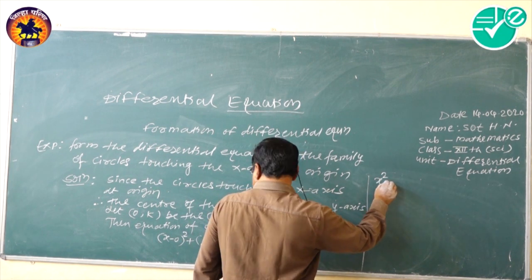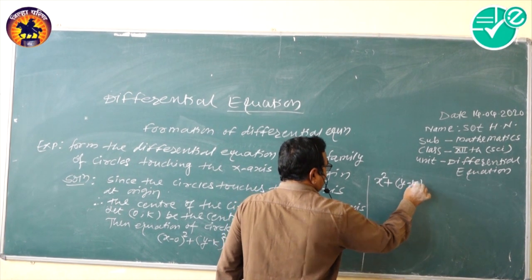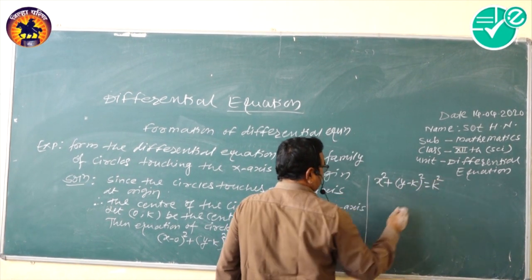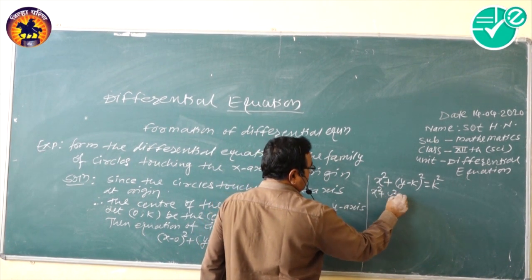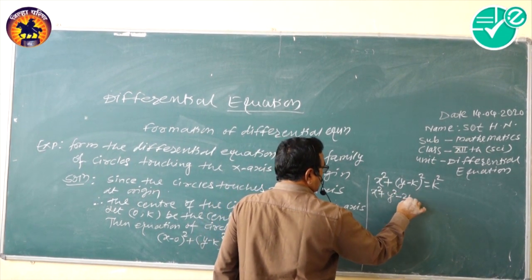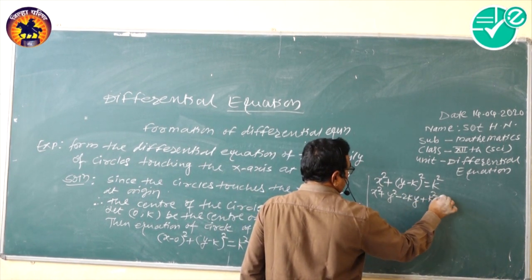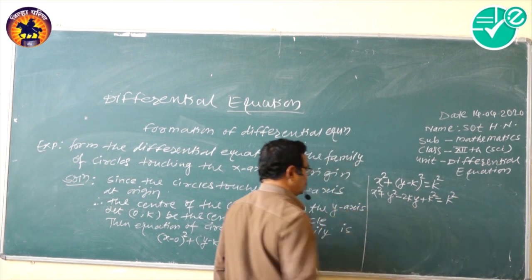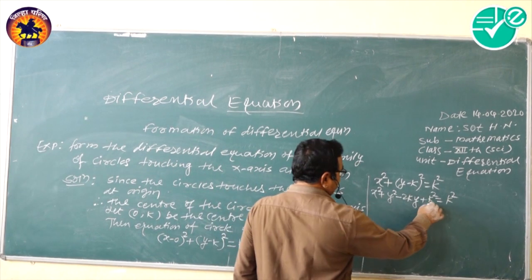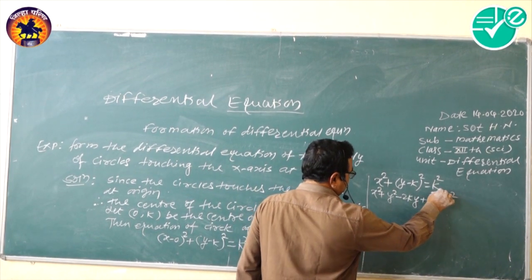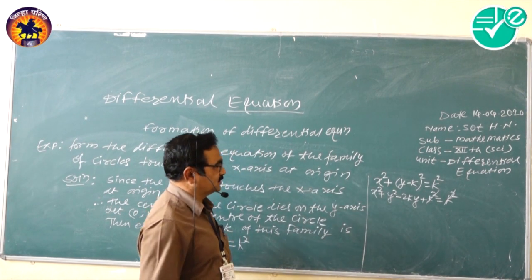After that, x square plus (y minus k) square equal to k square. Solve this. x square plus y square minus 2ky plus k square equal to k square. k square is the same term with the same sign on both sides. Therefore, k square gets cancelled.